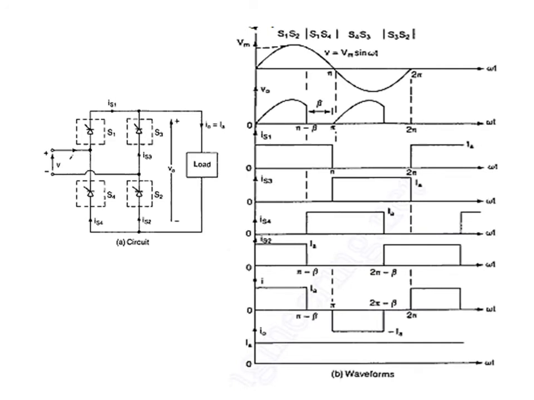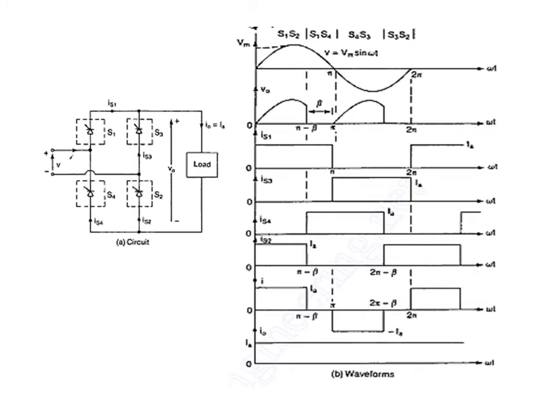Figure A shows a single phase full converter where thyristors T1, T2, T3 and T4 are replaced by force commutated switches S1, S2, S3 and S4.